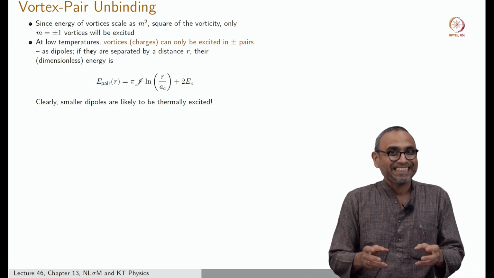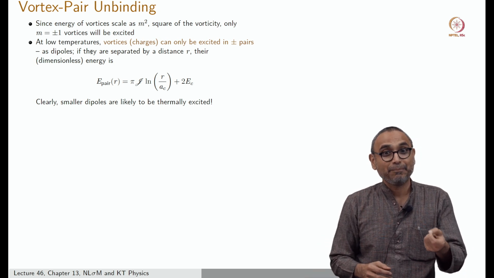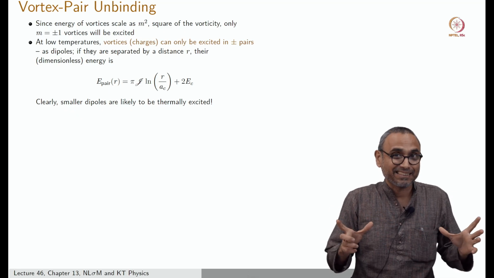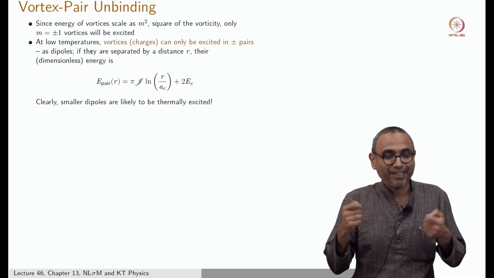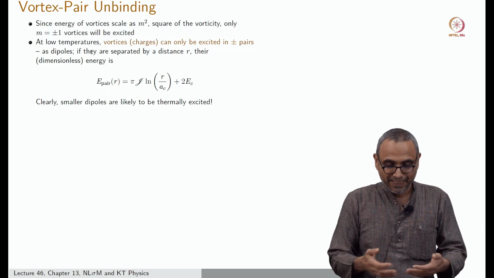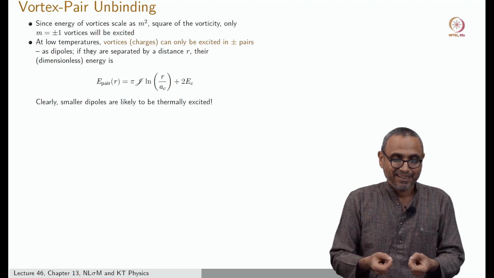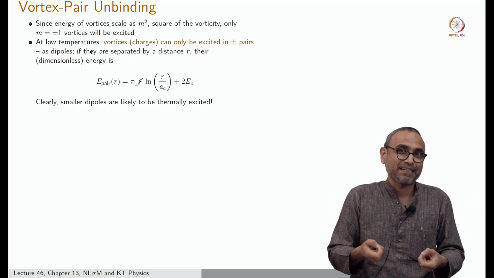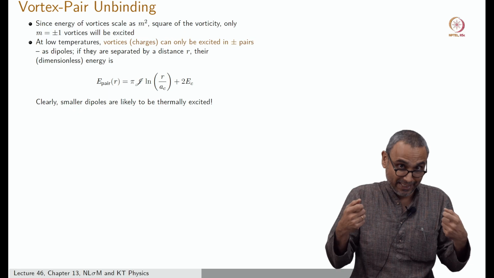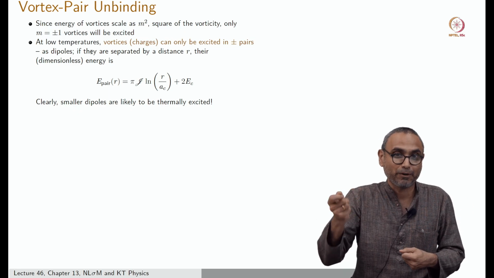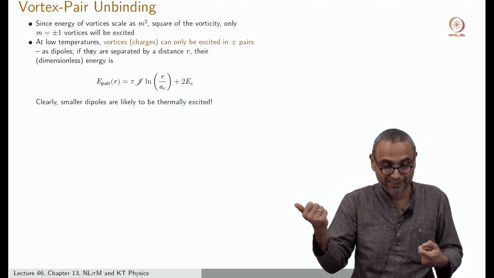So again, think of some AB molecule which is dissociated, so they are the charges. What this means is that if I start with the vacuum, meaning the state with no vortices, I can only excite vortices in plus-minus pairs if I want to make Gibbs happy. That is the thermodynamic weight associated with that, otherwise it will scale as log R.